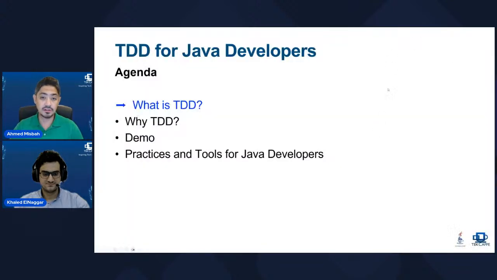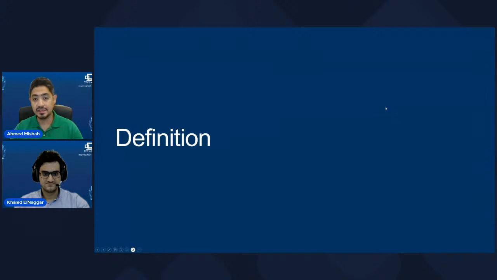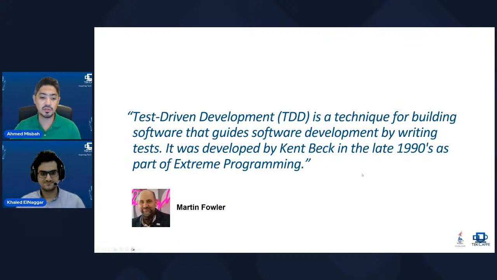So let's get started. So what is TDD? I always like to start with Martin Fowler's definition. Martin Fowler describes TDD as a technique for building software that guides software development by writing tests. It was developed by Kent Beck in the late 1990s as part of extreme programming.